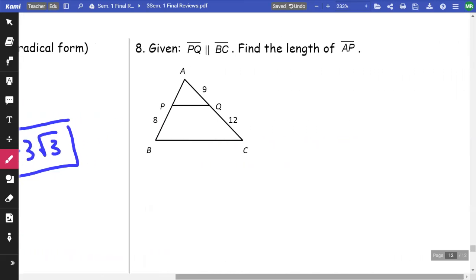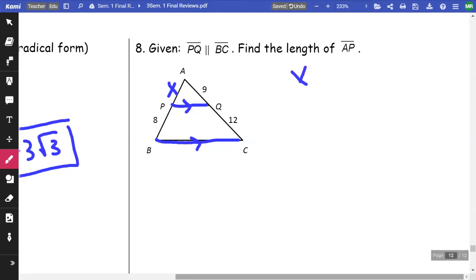Okay, so I know that this line and this line are parallel, and we want to find AP. I'm just going to call that X, so I have something to put there. When I have something like this, I can use the side splitter.